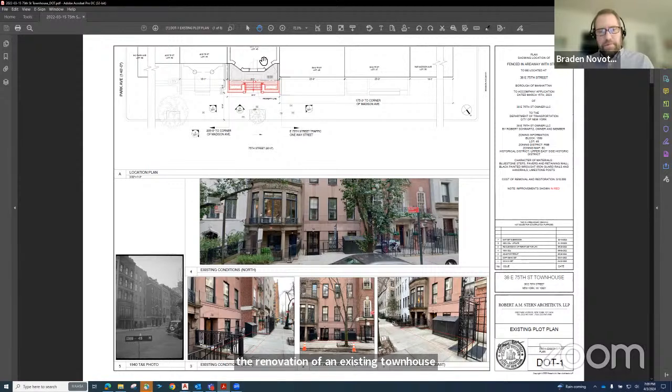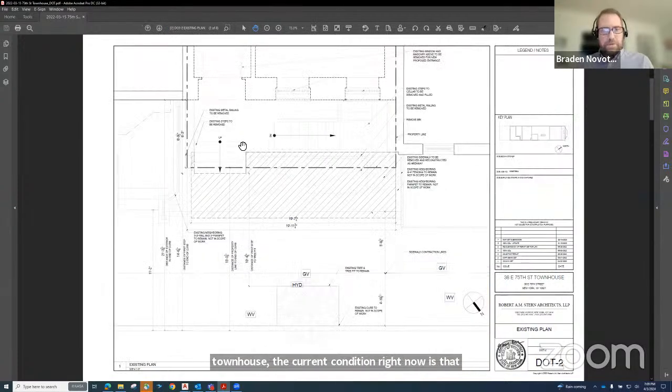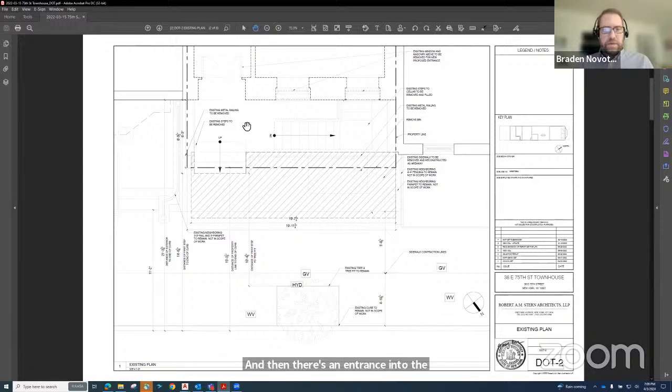We are expanding the areaway out in front of the townhouse. The current condition right now is that there is a lowered stoop. There are 4 steps that go down to a lowered stoop, and then there's an entrance into the townhouse at that level. And then there is an adjacent stairway that goes down to a cellar level.